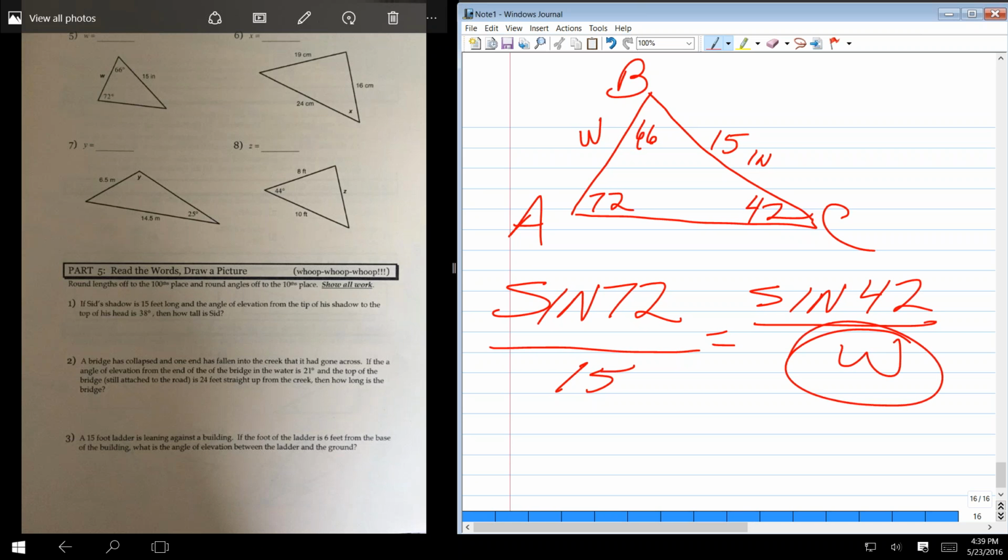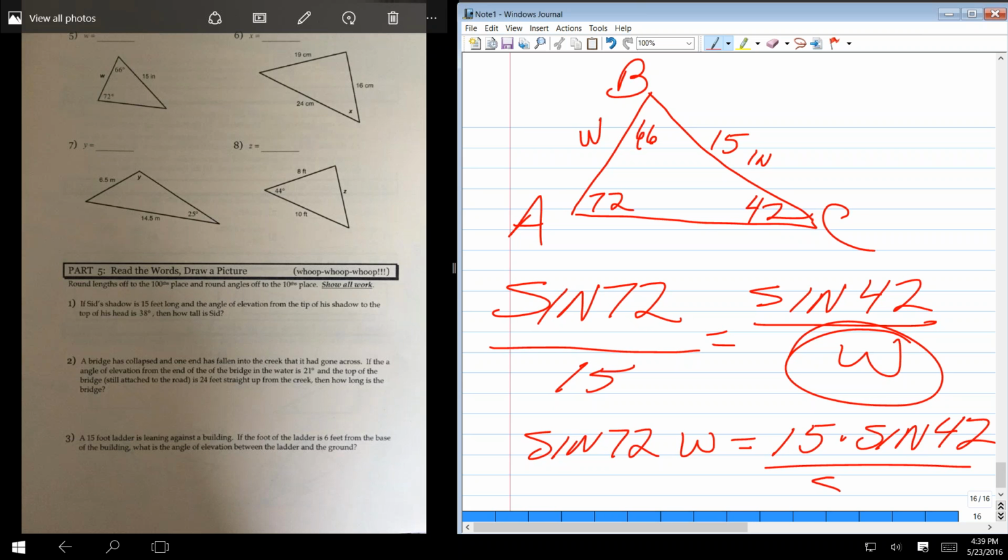Now that's the only variable. And so you can cross multiply to give you sine of 72 times W equals 15 times the sine of 42, and then divide both sides by the sine of 72, and you have W.